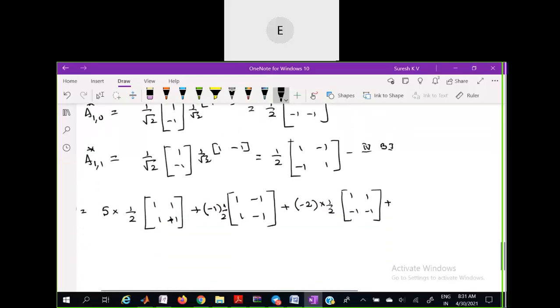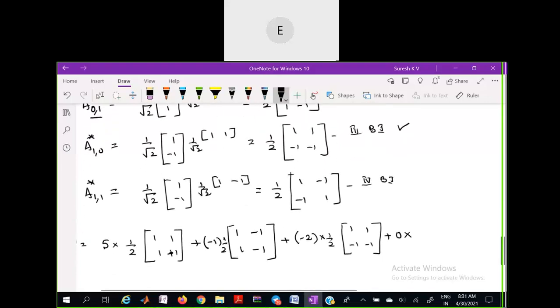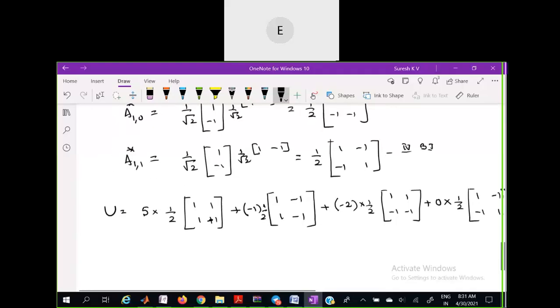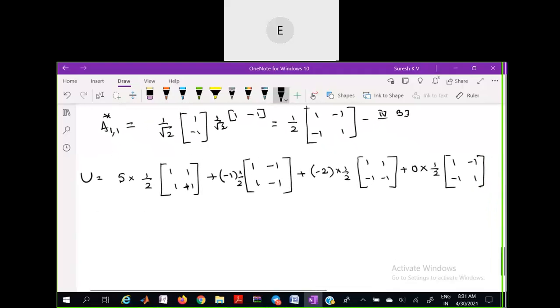I know 0 into anything is 0, but let us write it. The last one is half into 1 minus 1 minus 1 plus 1. Now this has to be evaluated and you should get back your original image.